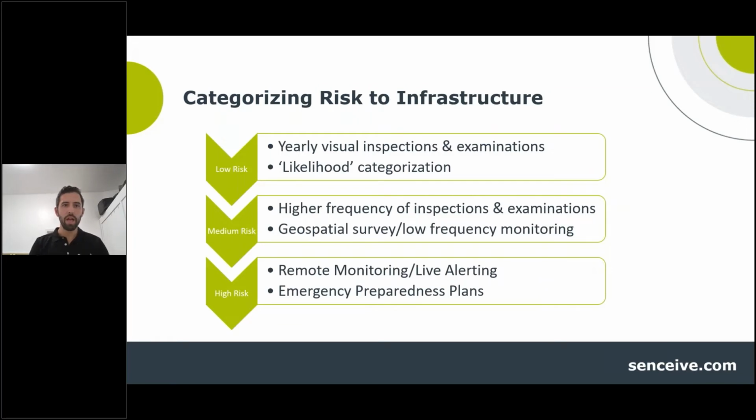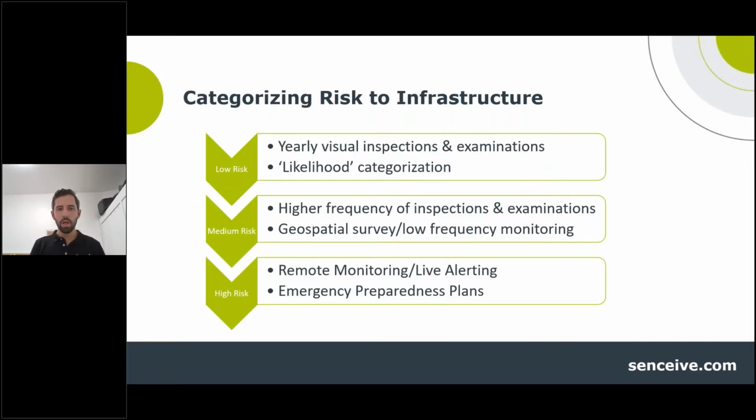And then further categorizing the risk to infrastructure with some general monitoring or inspection methods. Low risk, we'll certainly have a yearly or visual inspection and examination of that structure. Medium risk, there'll be a higher frequency of inspections.